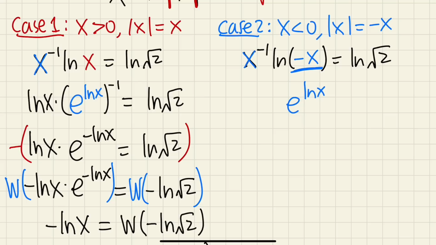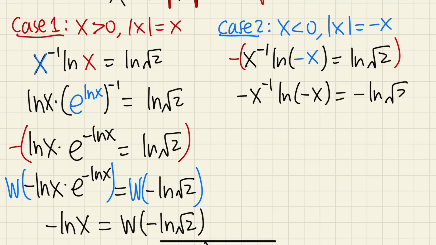So be really careful. I will actually have to look at this equation right here, right now, and then multiply by a negative first. So we will get negative x to the -1, ln of negative x, and then that's equal to negative ln square root of 2.